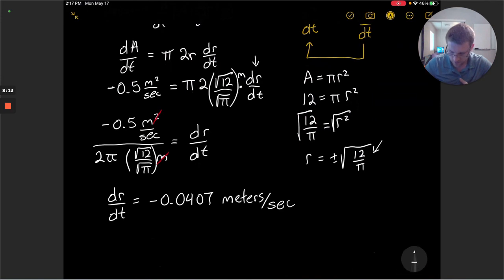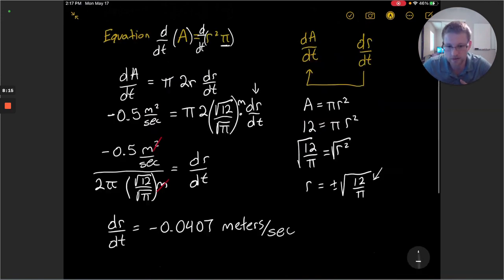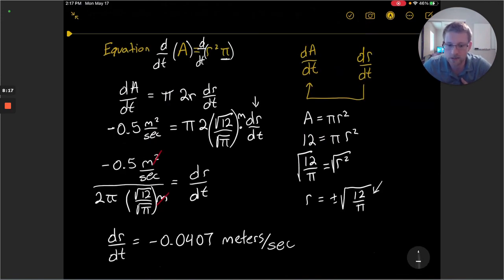So this is telling us how fast the radius is decreasing in size at the moment in time the circle reaches 12 meters squared.